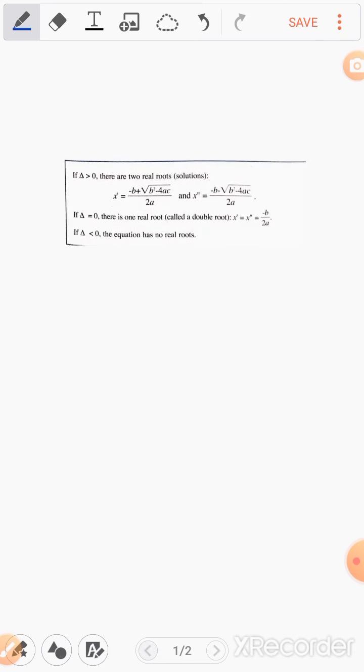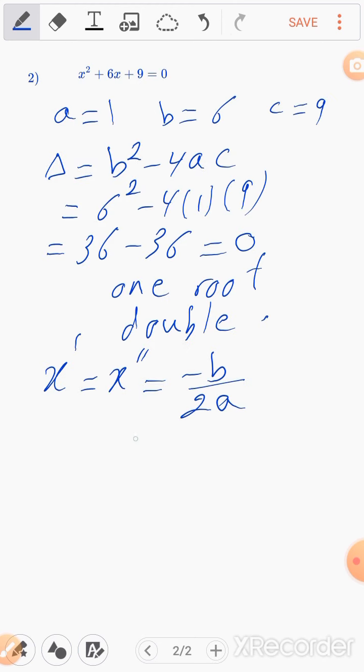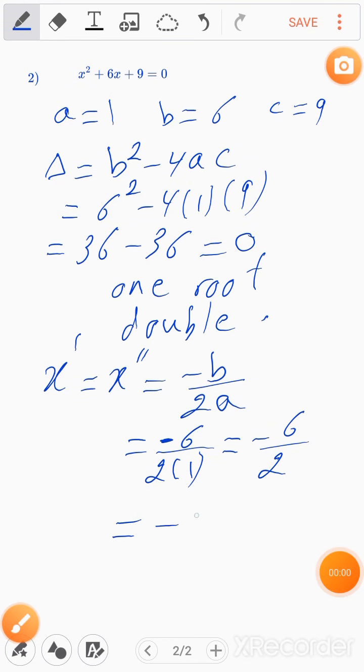You see, if delta is 0, there is one real root called a double root, which is x prime equal x second equal minus b over 2a. So it is equal to minus b, which is minus 6, over 2a, 2 times 1. It is equal to minus 6 over 2, which is minus 3.